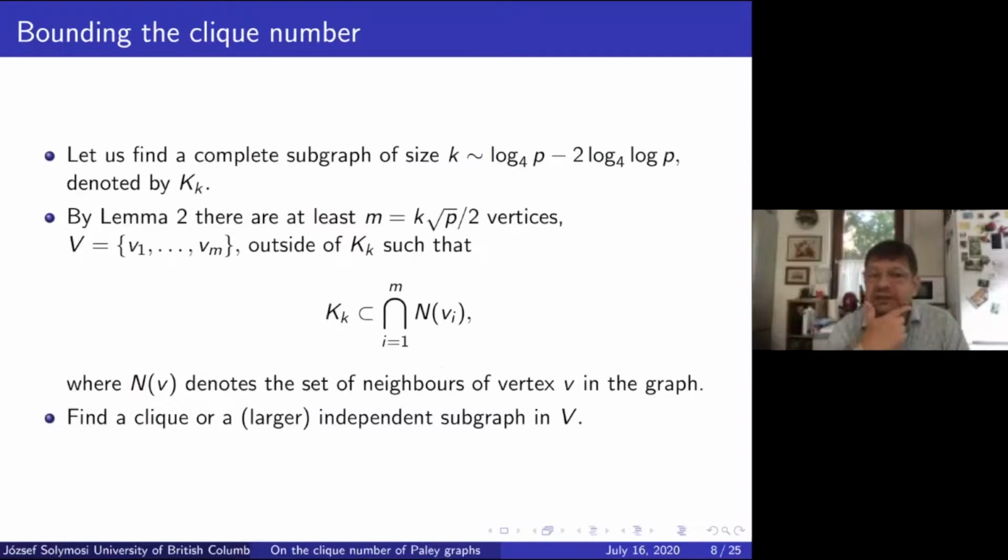So here is the strategy now to bound the clique number. We are ready to actually prove what we wanted to prove. So the strategy is, let's find a complete subgraph, a small one. You can do that because it's guaranteed. Maybe at this point, let me also mention that the Paley graph is a self-complementary graph.